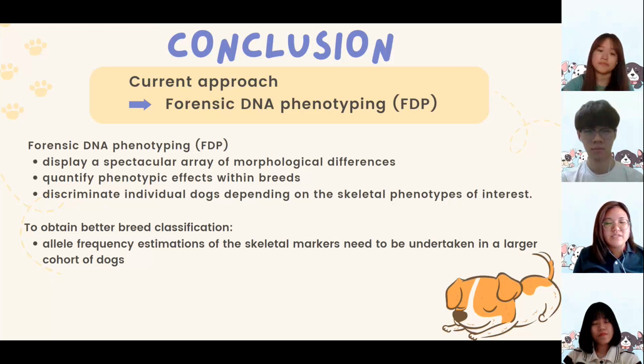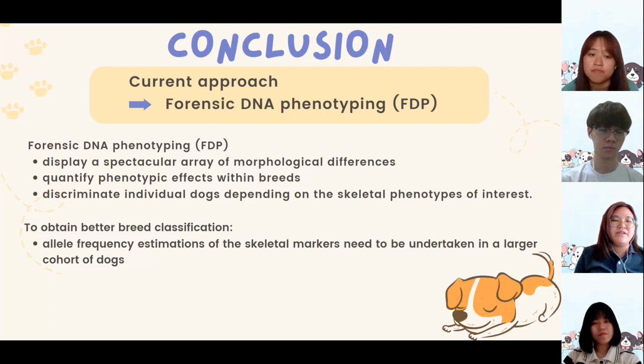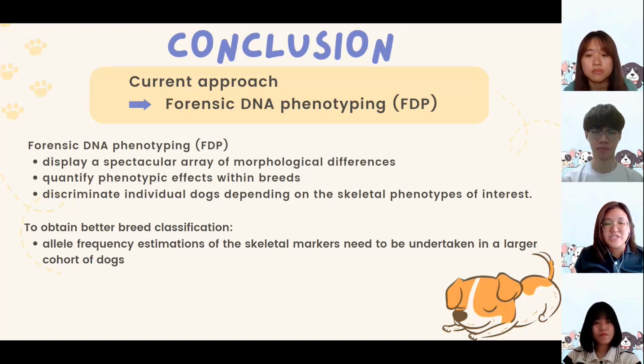Using DNA evidence, forensic investigators can determine the breed by quantifying the phenotypic effects within the breed to discriminate individual dogs depending on the skeletal phenotypes of interest. Furthermore, to have a better breed classification, allele frequency estimations of the skeletal markers need to be undertaken in a larger cohort of dogs so that their fixation levels within the breeds can be more accurately gauged.